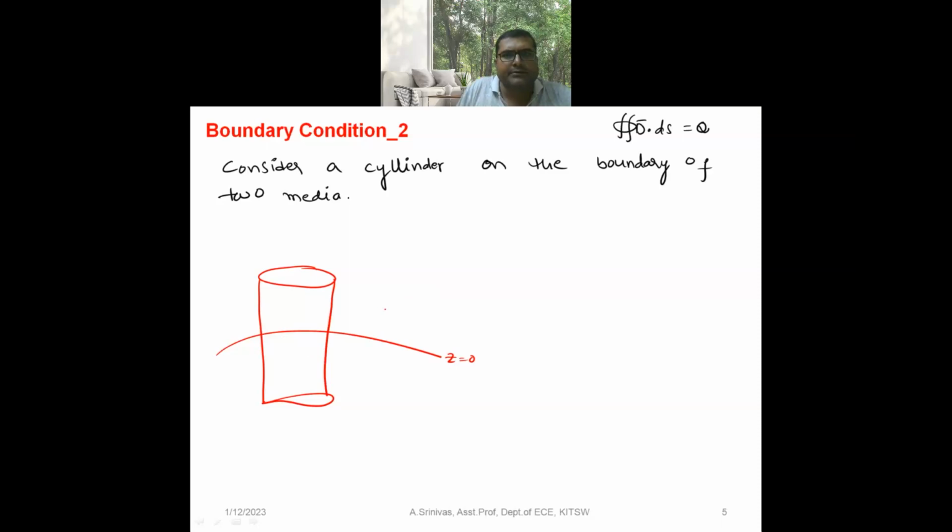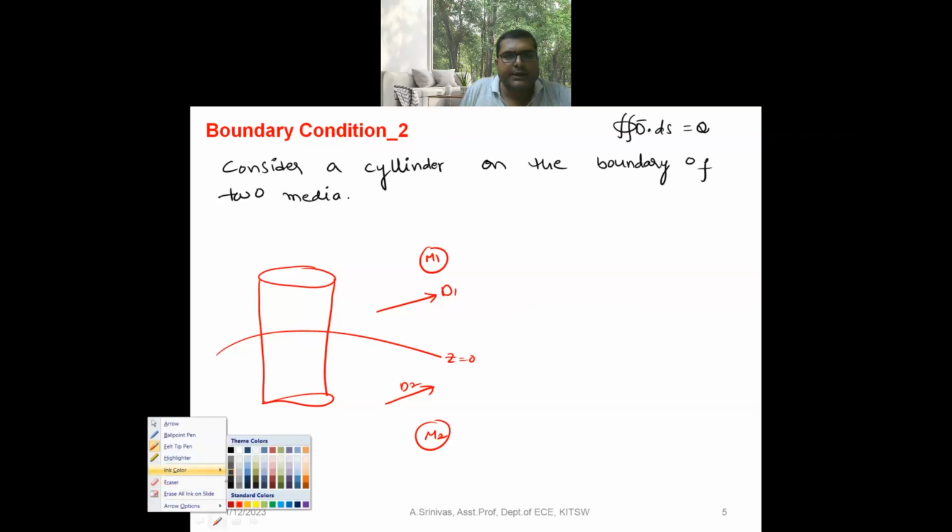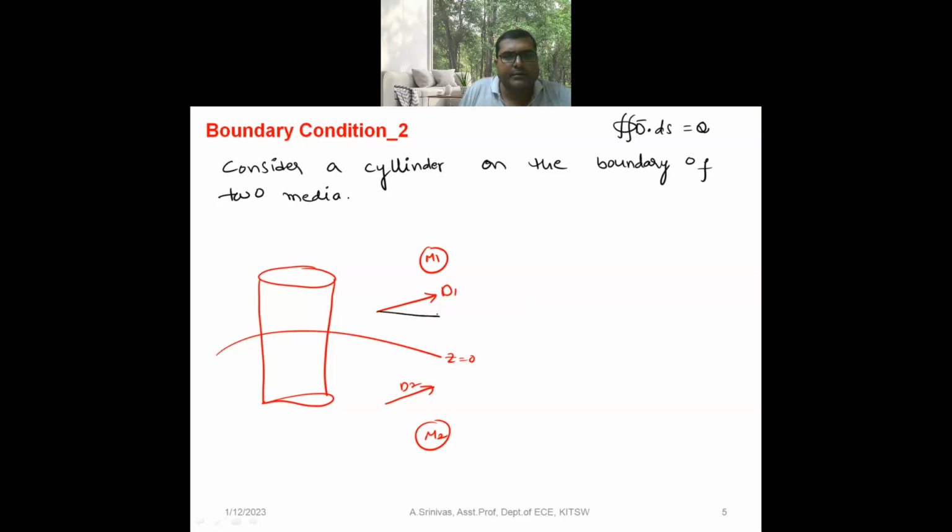and D1 in medium 1, D2 in medium 2, Dt1, Dn1. The angle made by D1 with respect to normal is theta 1 in medium 1, and in medium 2 it is Dt2, Dn2.